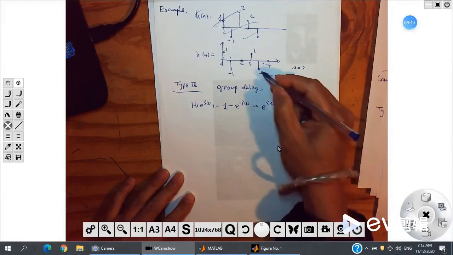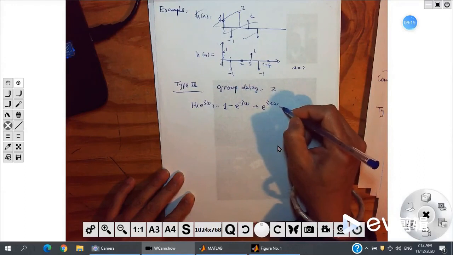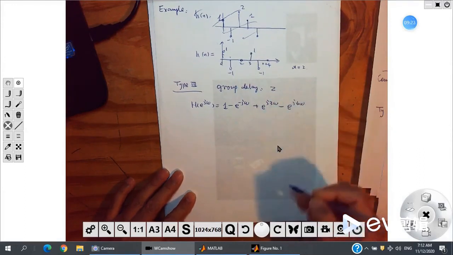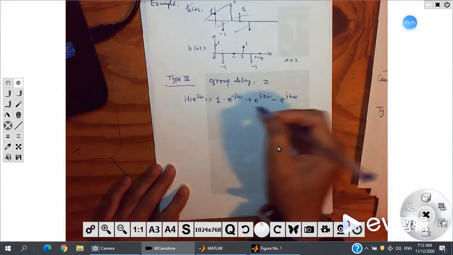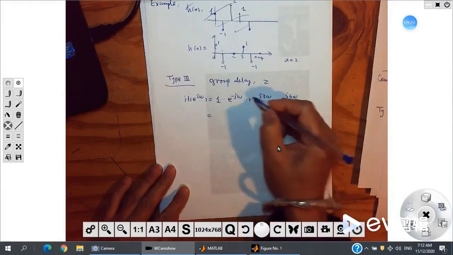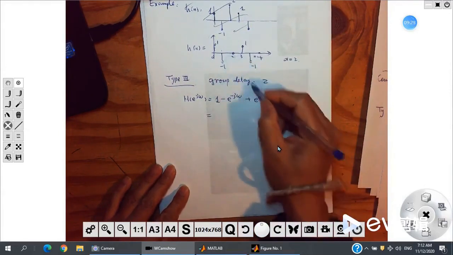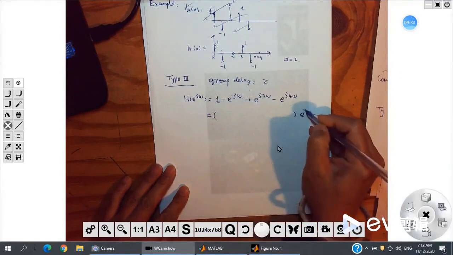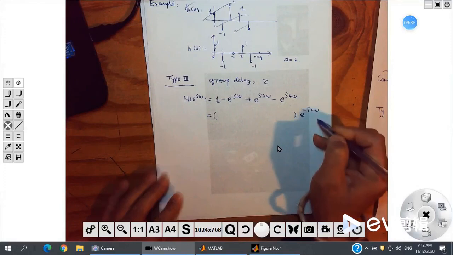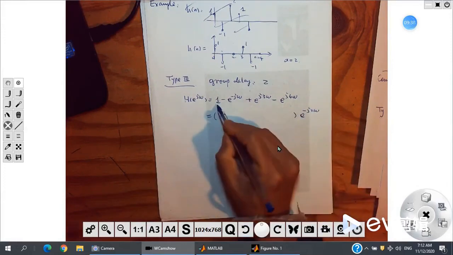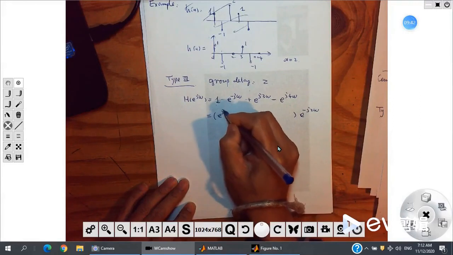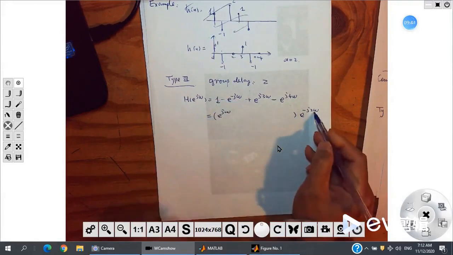So here should be minus e to the j 4 omega. Then I remove the middle one. The middle one now is e to the negative j 2 omega. I move this out, then after you remove this out, you have e to the positive j 2 omega left, right? So they can cancel.